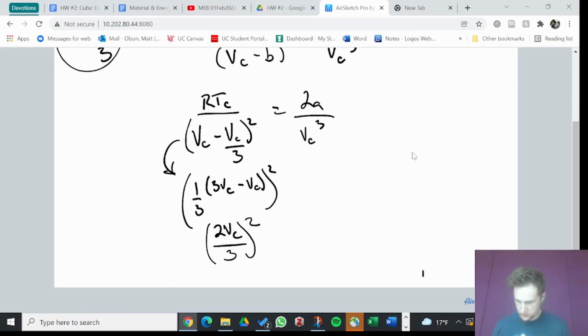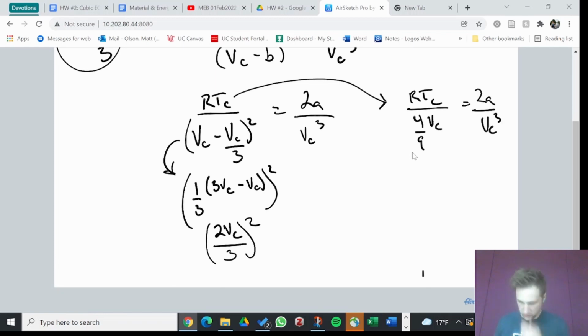Then we're going to start this over here, to just 2R times temperature at the critical point over 4/9 volume at the critical point equals 2A at the critical point cubed. So then let's just take this fraction and get that simplified. There we have B worked into the equation.